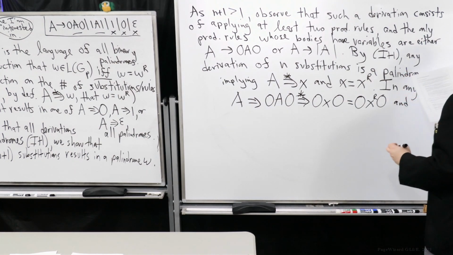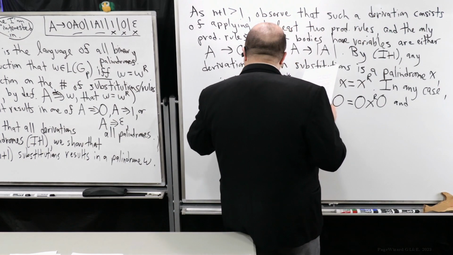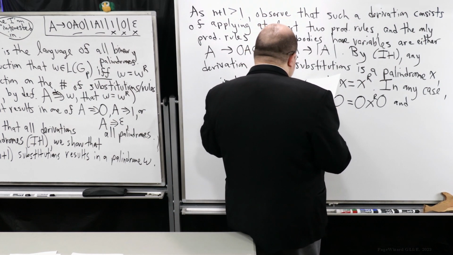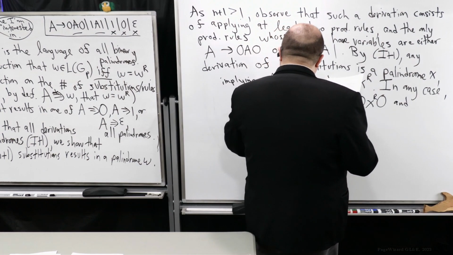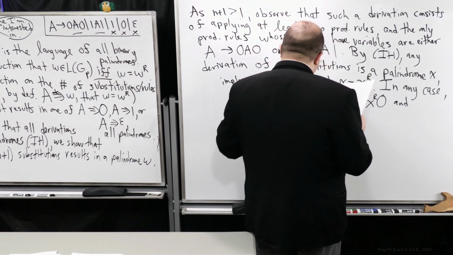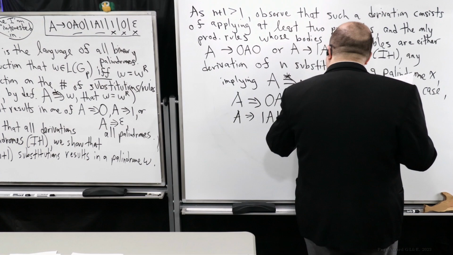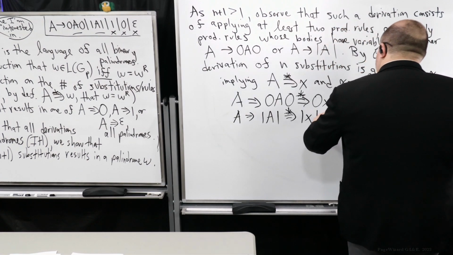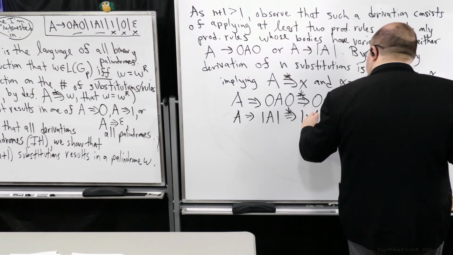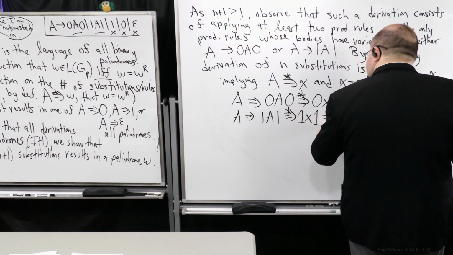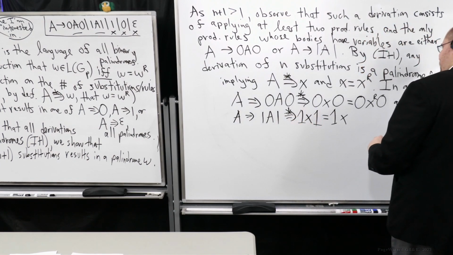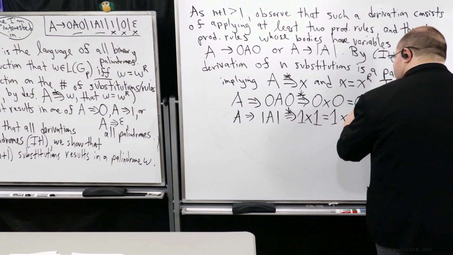And I derive from A, I get 1A1, which derives 1x1, which of course is equal to 1 x reverse 1. I'm just going to use ones like this, otherwise it looks a little bit like cardinality, and I don't want to confuse you in that regard.